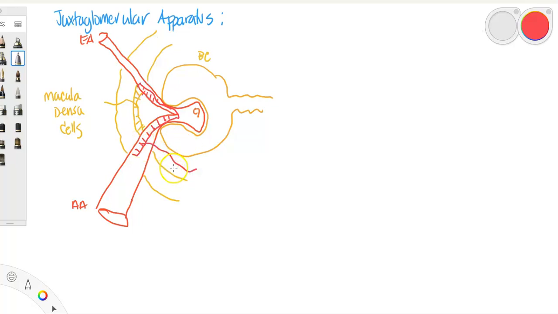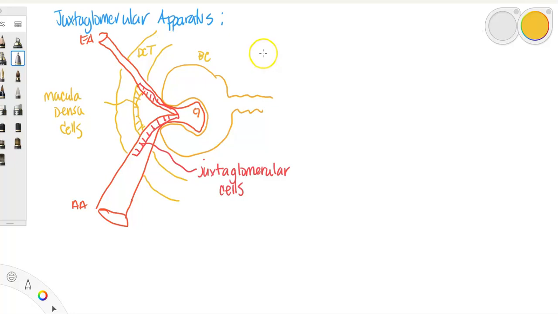And these cells were called juxtaglomerular cells. I think they're also called granular cells, but we'll call them juxtaglomerular cells. And again, we know this is the distal convoluted tubule.